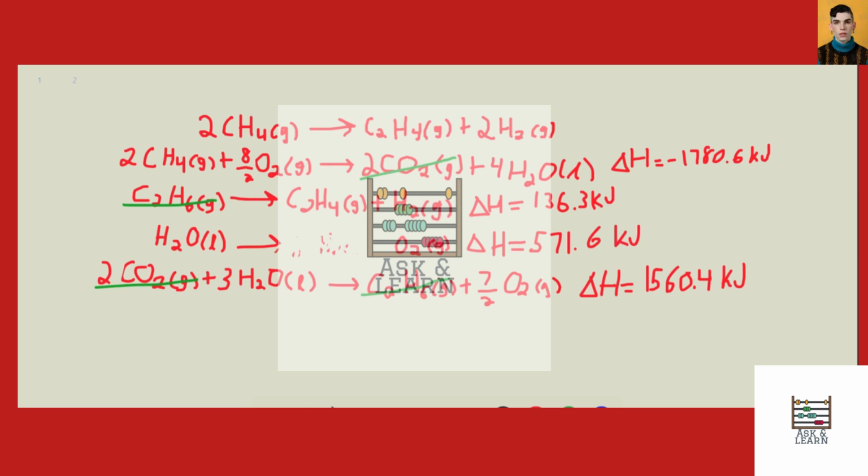Let me just rewrite it so we have more room. One half. So now we have 4, 3, and 4 waters on the left, 4 on the right. These cancel out. And before we do anything further, let's not forget to change this delta H value.